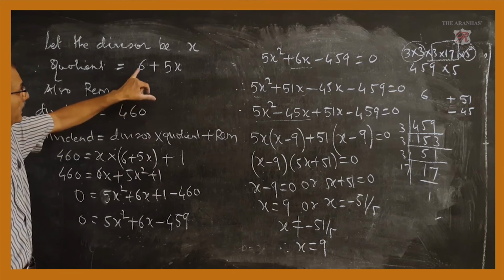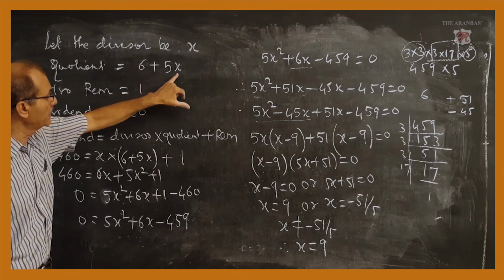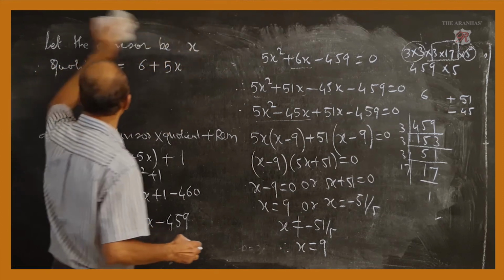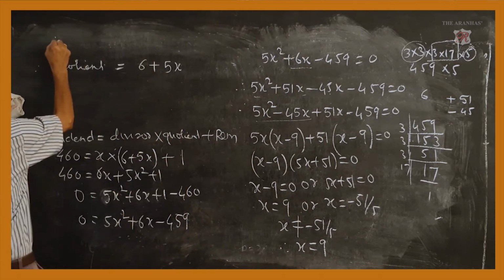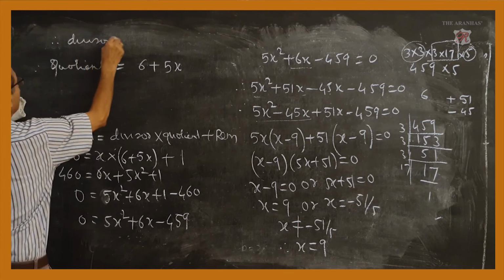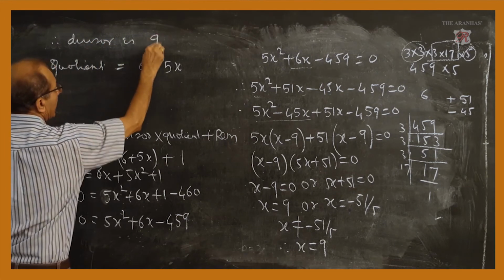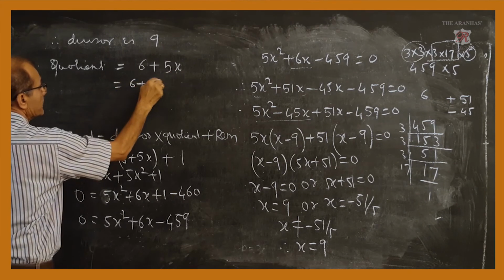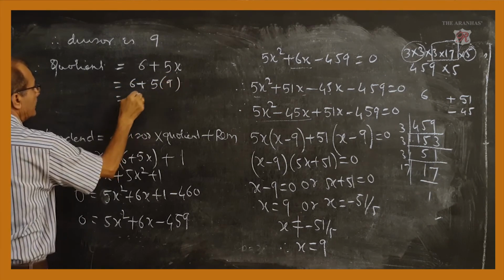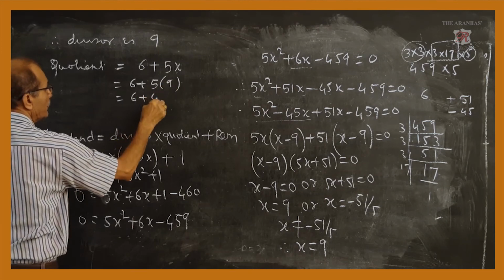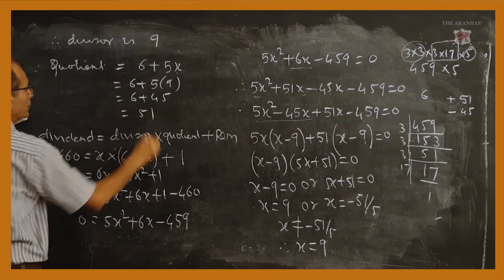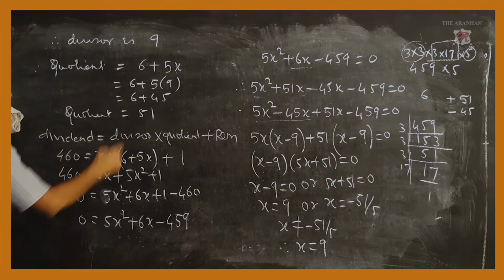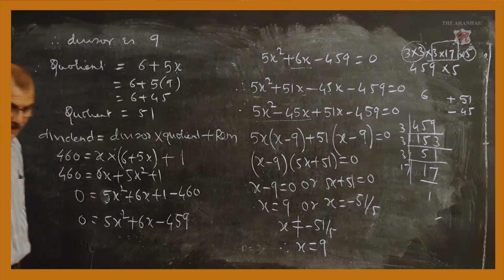So quotient will be 6 plus 5 into 9, that is 6 plus 45, which is equal to 51. So quotient is 51 and divisor is 9.